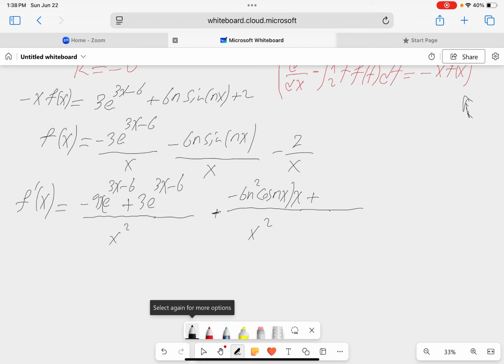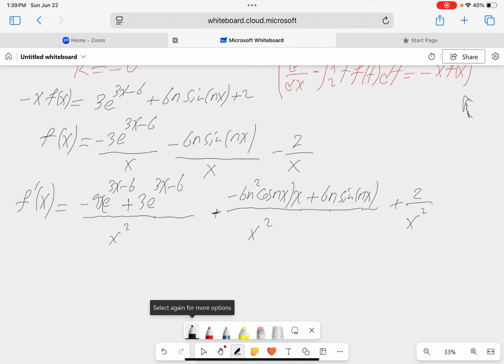This makes it positive 6 pi sine of pi x. And then the last one, a very simple derivative, gives plus 2 over x squared.